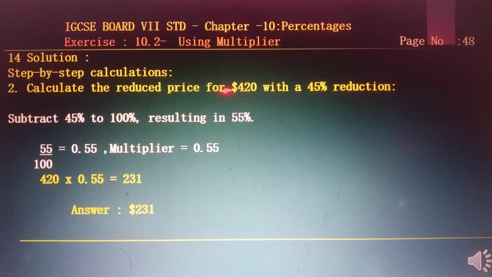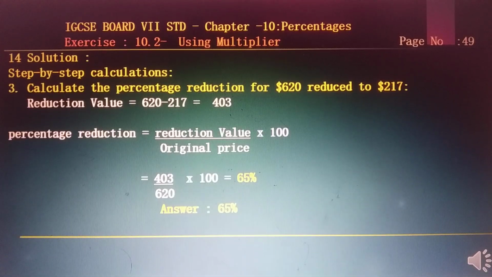The same way question number 2, subtracting 45 from 100%, it means minus 55%, 55 upon 100, multiplier 0.55 into 420, we are getting $231. And question number 3 also the same way, based on the same percentage reduction, the value is 620 minus 217, 403.